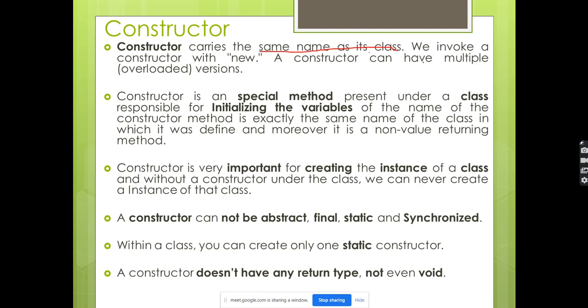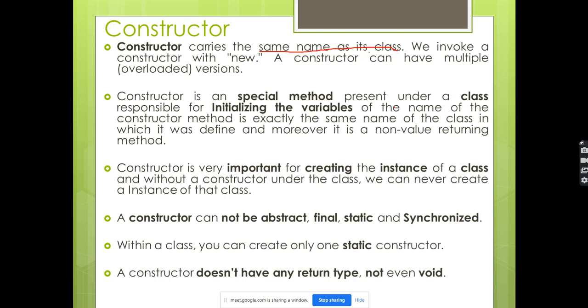But a constructor is not a class. A constructor is a special method. You have to remember that, because the constructor is within the class with the same name as the class name. By saying that, don't think the constructor is also a class. No, a constructor is a method.